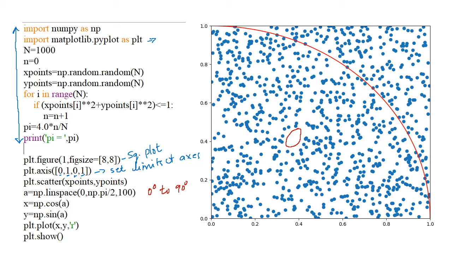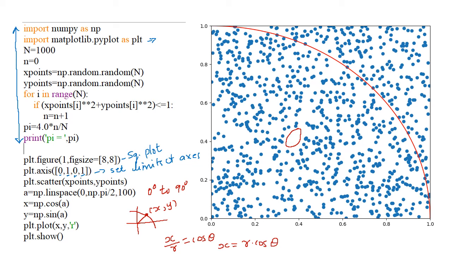Now we know that if you consider any point x, y on a circle, then x by r is equal to cos theta, or x is equal to r cos theta.